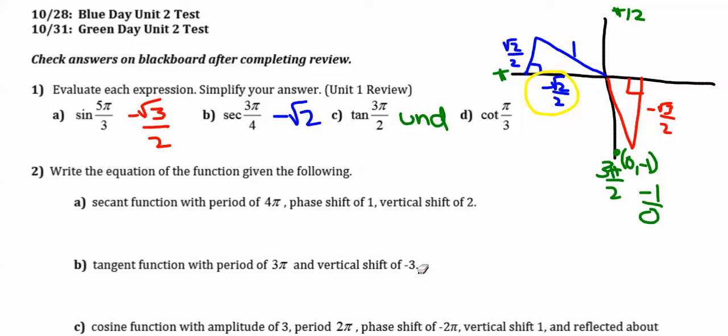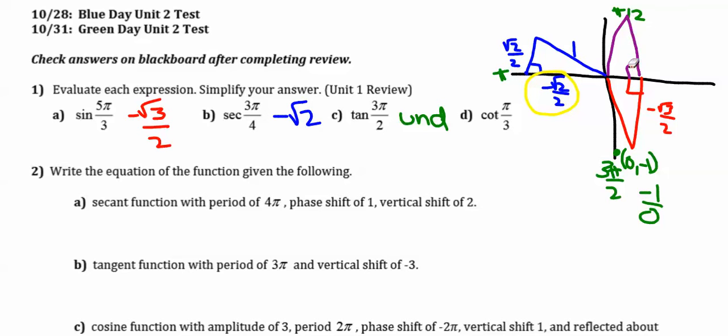Okay, then lastly, I have the cotangent of pi over 3. So pi over 3 is a 60-degree reference angle. Sorry, these triangles are so bad. In the first quadrant. So first let's talk about the tangent. The tangent is going to be root 3 over 1.